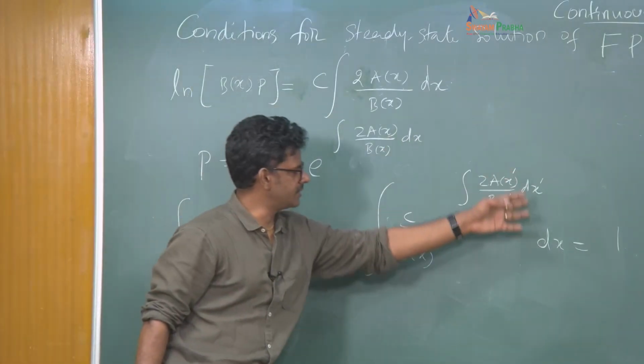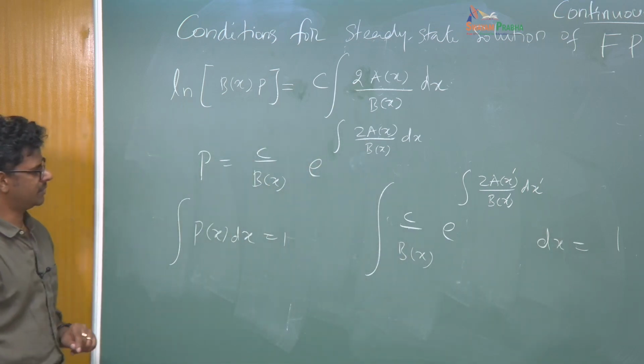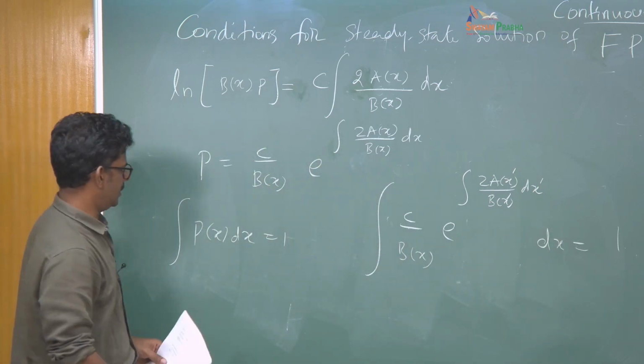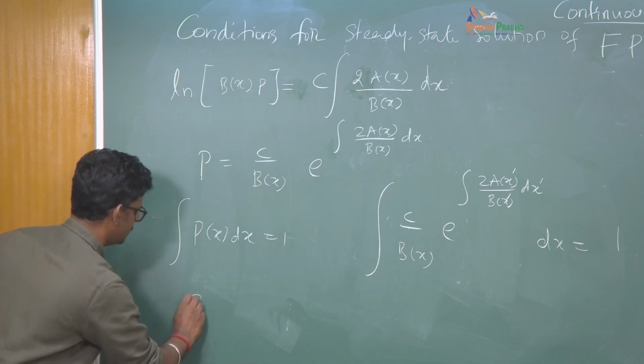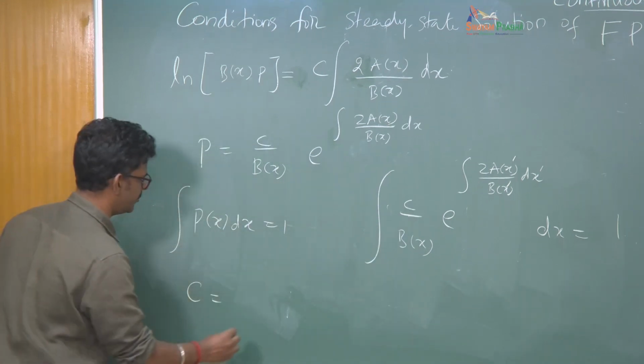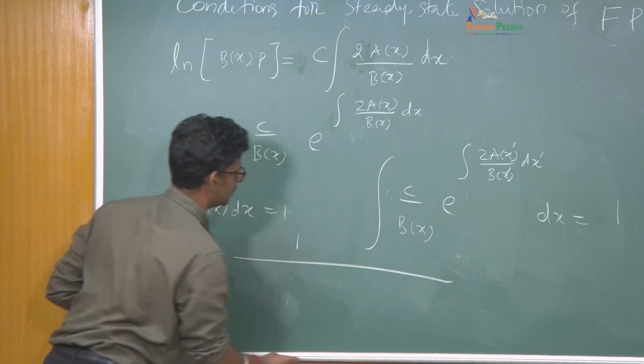The integral of this entire quantity should be equal to 1 by the normalization condition. In other words, c is given by 1 over this entire integral.